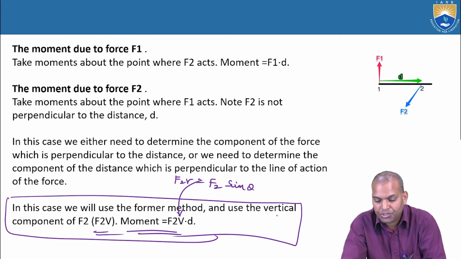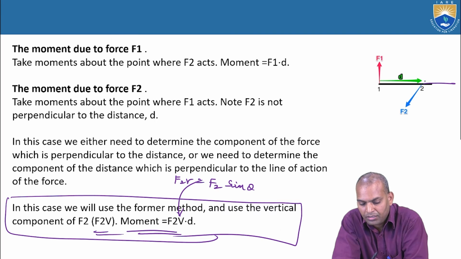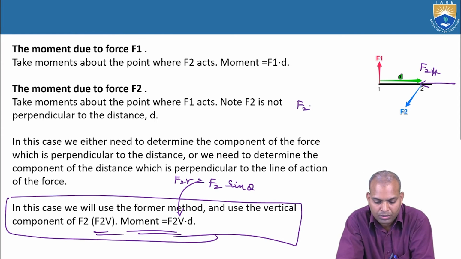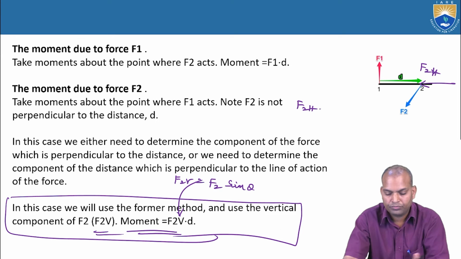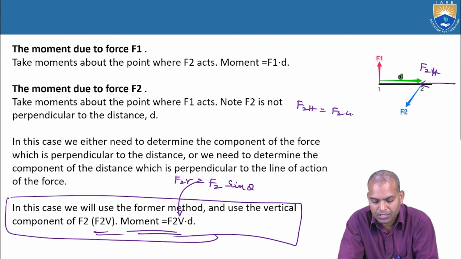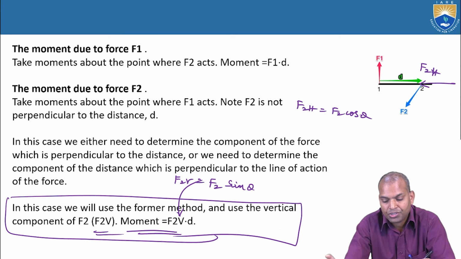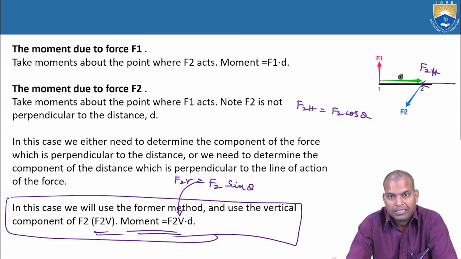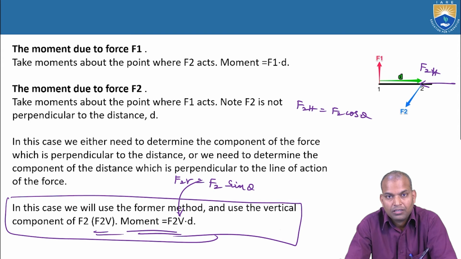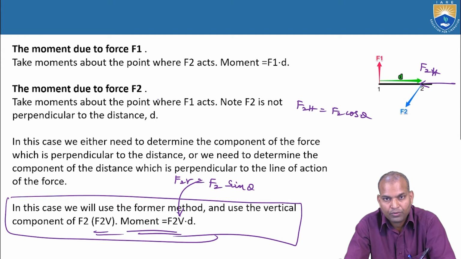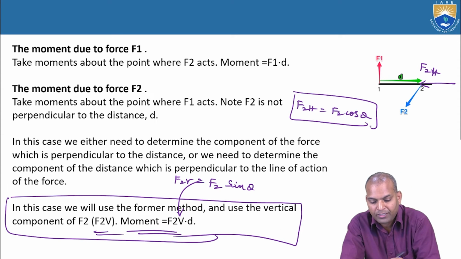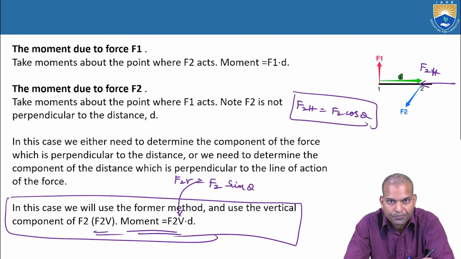What about F2H, the horizontal component? F2H equals F2 cos theta. What is the effect of F2H? It doesn't affect the moment of a force, the rotation effect. So F2H doesn't cause the rotation of the body.